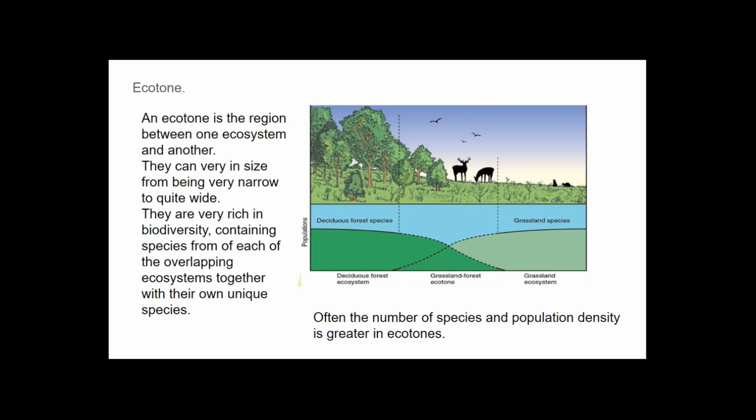So you have a forest and a grassland. You have a region between the two, which is called an ecotone. Notice as the forest dies out, the number of forest species decreases and the number of grassland species increases. But in the ecotone, you have a combination of both of them.